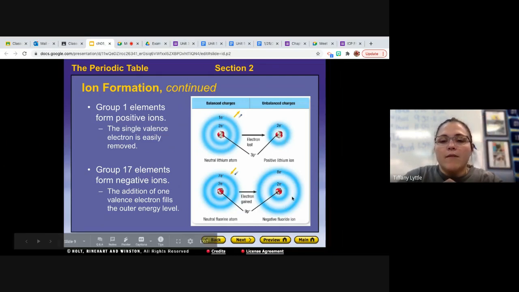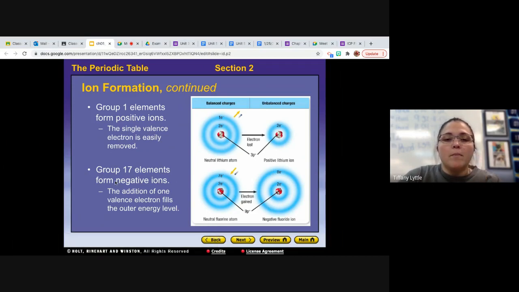So if you have an atom that has 2 electrons in the first ring, and that's its only ring, then it has a full valence shell. If you have an atom that has electrons in any other ring, then it has to have 8 valence electrons to be stable. So group 17 elements form negative ions.